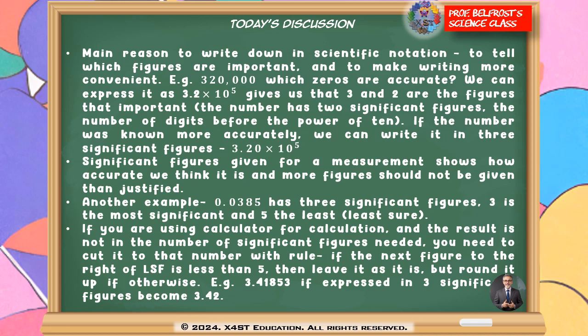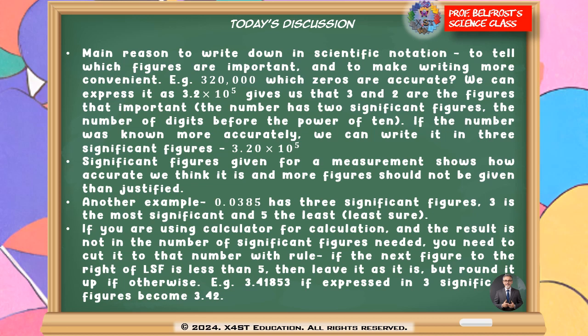But this is the result of measurement, and we have no information which of these 4 zeros are accurate. So if we express it as 3.2 times 10 to the power of 5, then only 3 and 2 are the figures that are important.